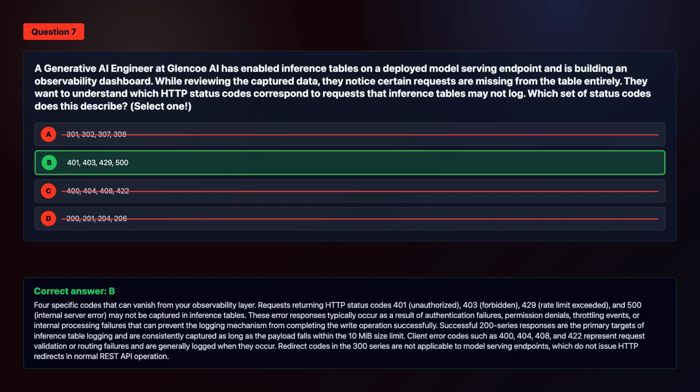Client error codes such as 400, 404, 408, and 422 represent request validation or routing failures and are generally logged when they occur. Redirect codes in the 300 series are not applicable to model serving endpoints, which do not issue HTTP redirects in normal REST API operation.